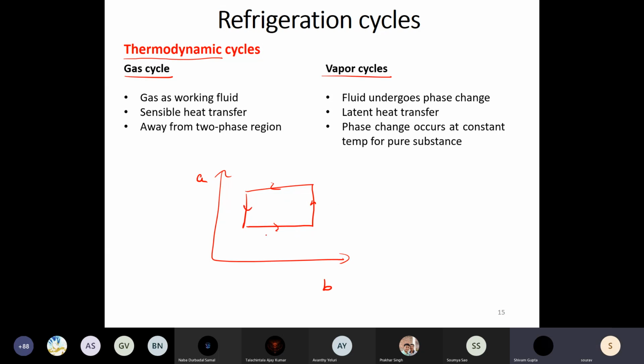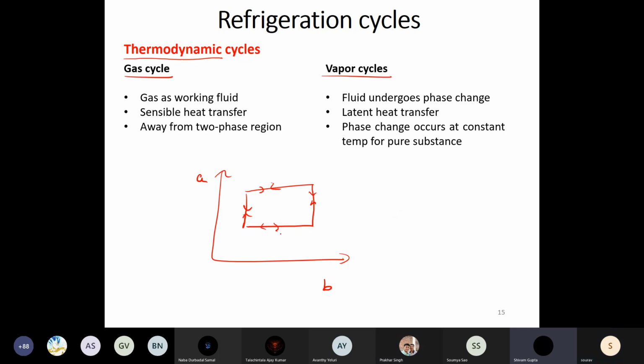You can have a cycle going in the clockwise direction. Which one leads to a power cycle and which one leads to a refrigeration cycle? There are only two options: clockwise cycle for power cycle or anti-clockwise cycle for power cycle. Which one is for power cycle?